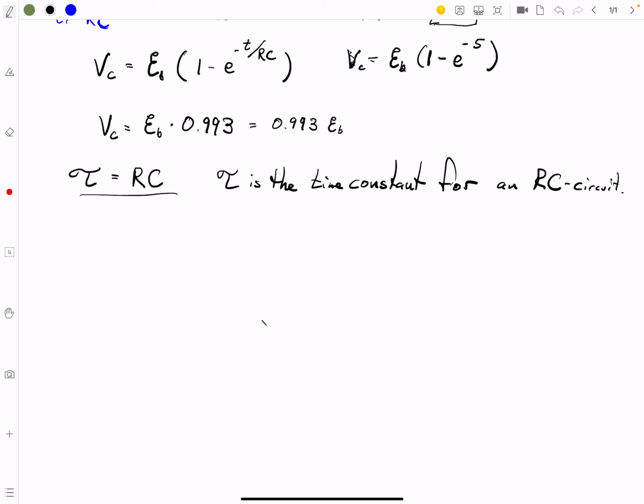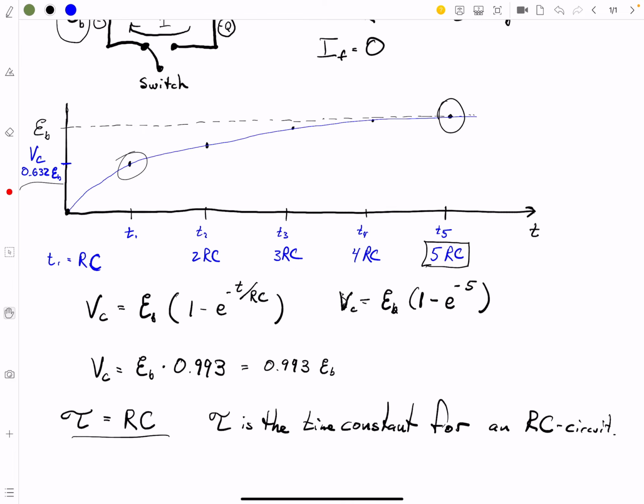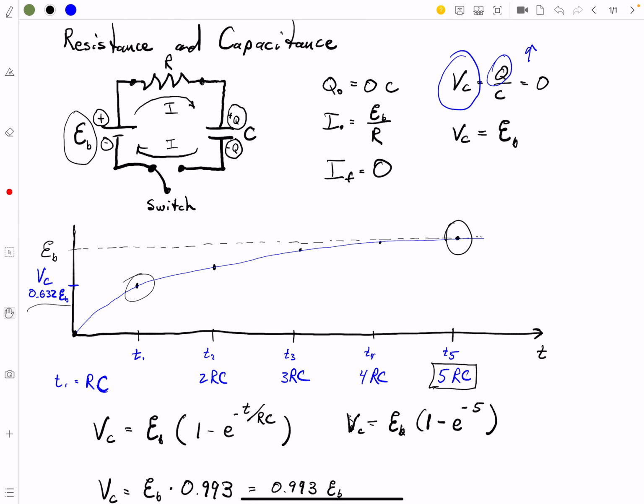If the resistance goes up, maybe we should go back to our drawing. If this resistance goes up, the current is going to go down. So if the current goes down, the charging time of the capacitor goes up, because it takes longer for the charges to develop.